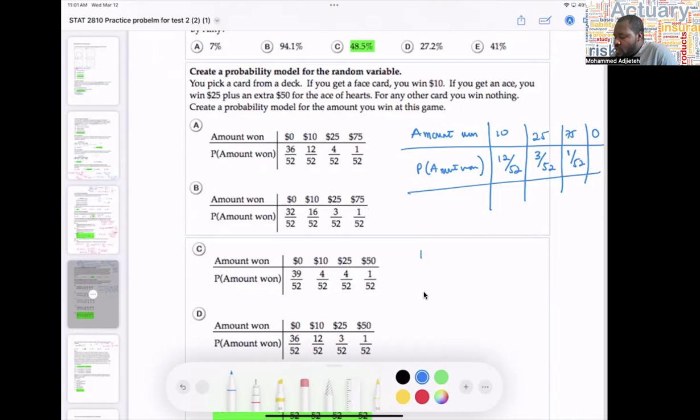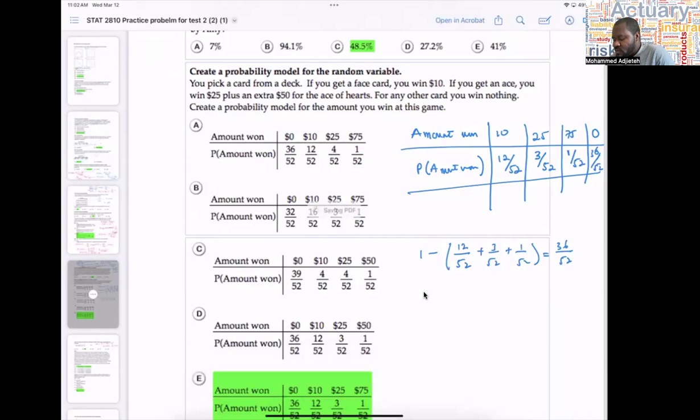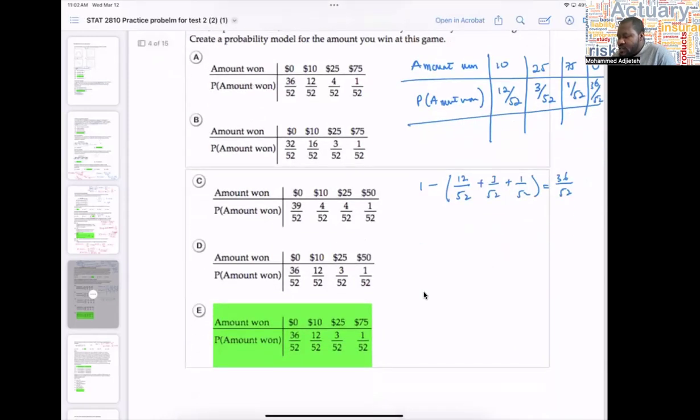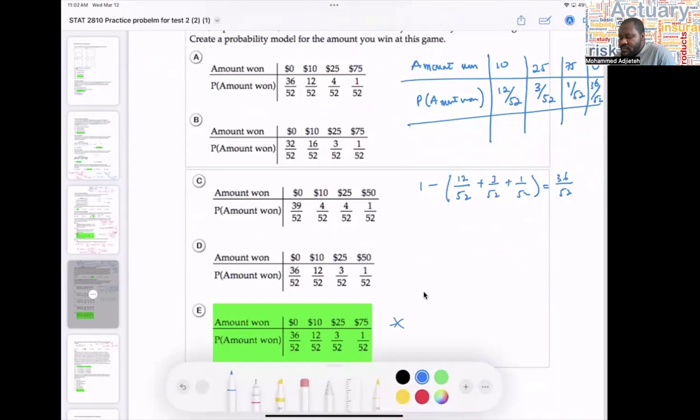Or you could do 1 minus (12 over 52 plus 3 over 52 plus 1 over 52), and that should give you 36 over 52. So that is how to answer this problem. Here is 36 over 52, and when we look at our possible answers, we can see that it is this one.